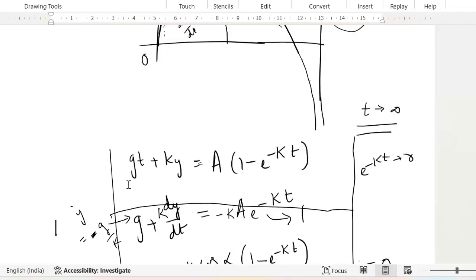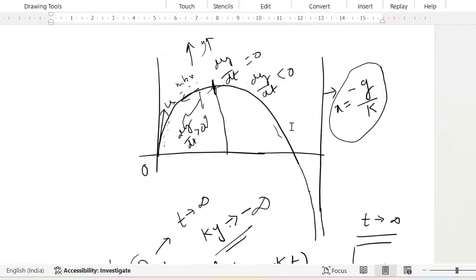Let me just simplify it. When t tends to infinity, this portion tends to infinity. So ky tends to minus infinity, because ky equals minus gt plus a constant, as you are writing from here. We can also cross-check from the figure. This is indeed happening.